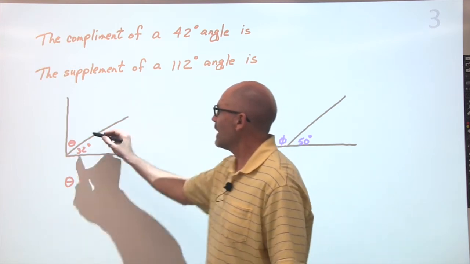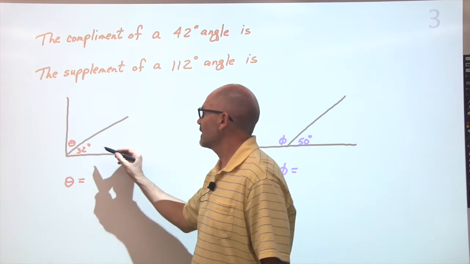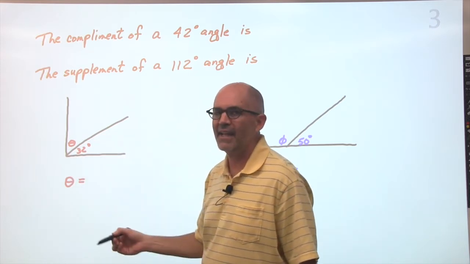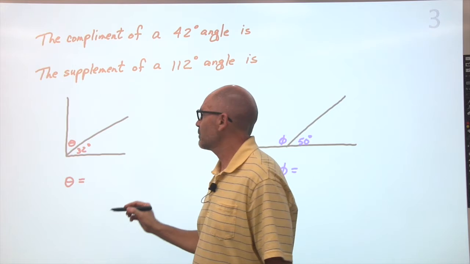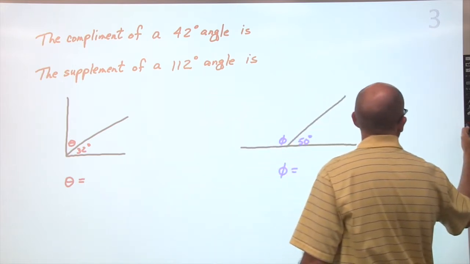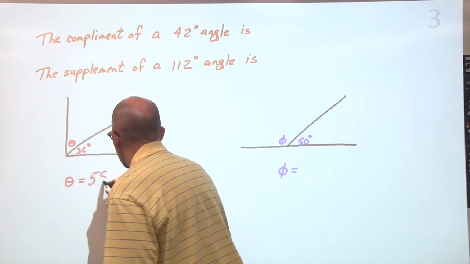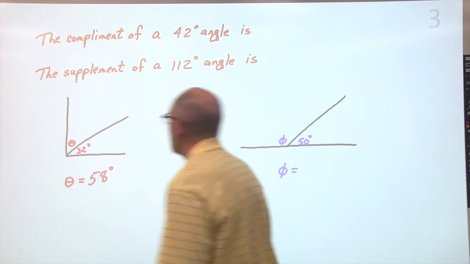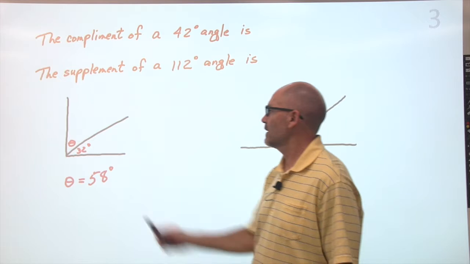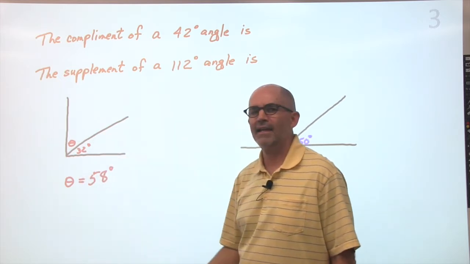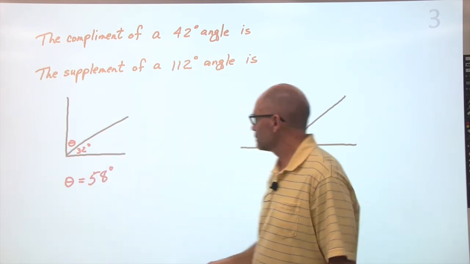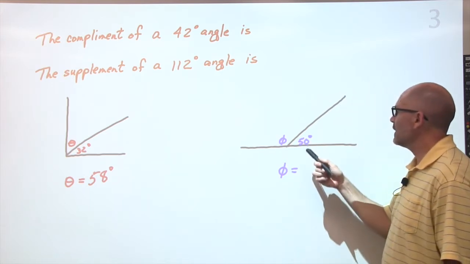Okay, so basically 32 plus theta equals 90. So if you just subtract 32 from 90, you get 58 degrees. So theta is 58 degrees. 58 plus 32 is 90. They're complementary angles.